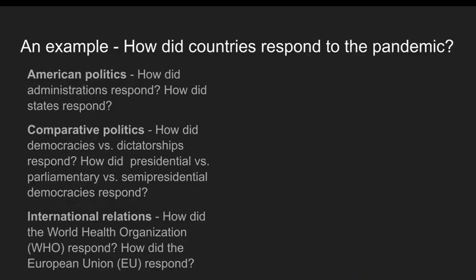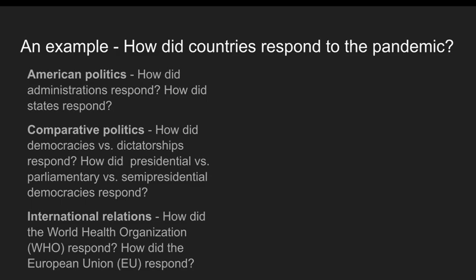So here's an example of how American, comparative, and international relations would address the same question. We might be interested in how countries responded to the pandemic. If we were looking at this from an American politics perspective, we might compare different presidential administrations, for example.